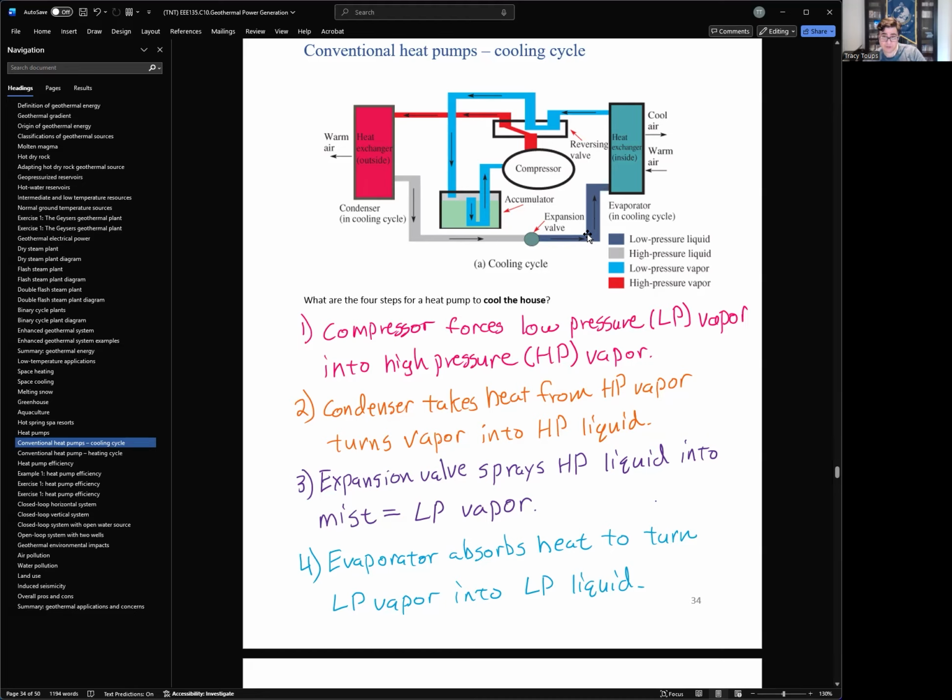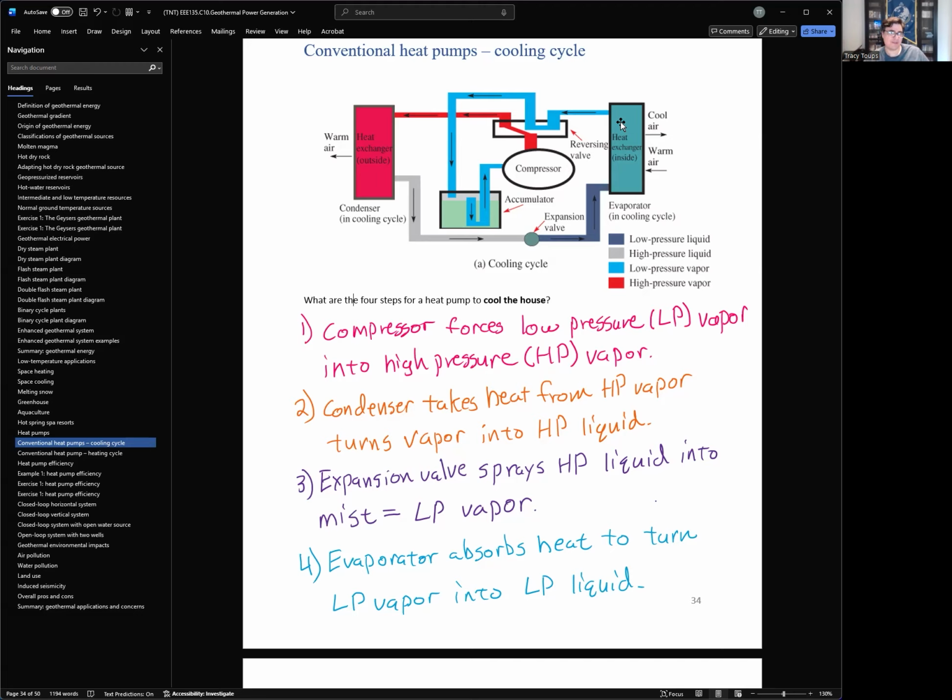So this liquid right here, the mist coming out, is going to be really, really cold, like less than 0 degrees Fahrenheit, probably. And that's where we go to another heat exchanger, number 4, where the evaporator has that really cold mist. Then it's going to come out into your house and absorb the heat.